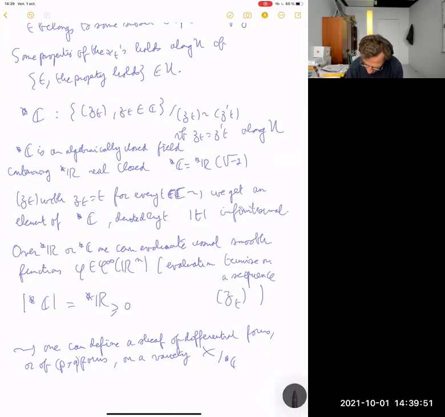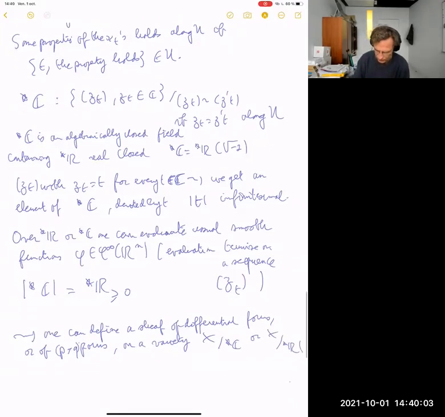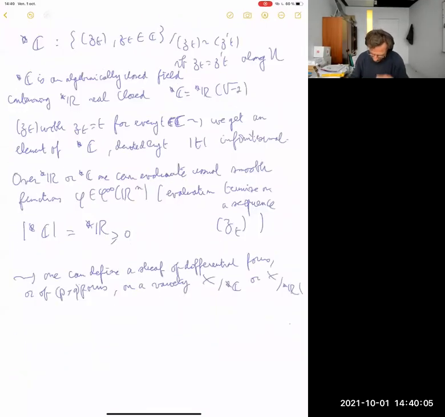I will just say a few words without writing them. When I say that one can define a sheaf on such a variety, I am speaking in fact about its set of points, or about its set of non-standard complex points or non-standard real points.